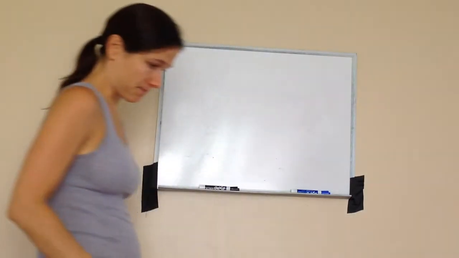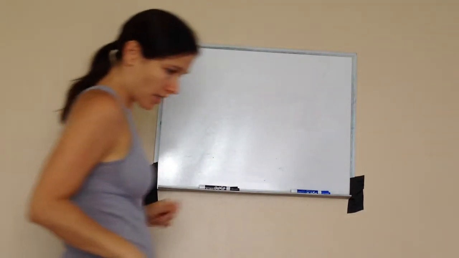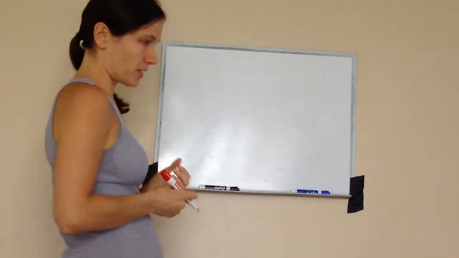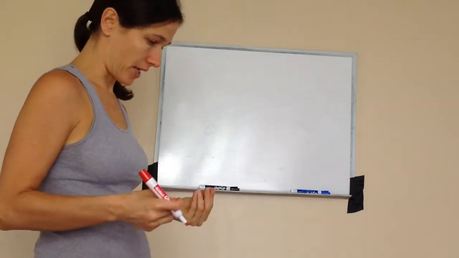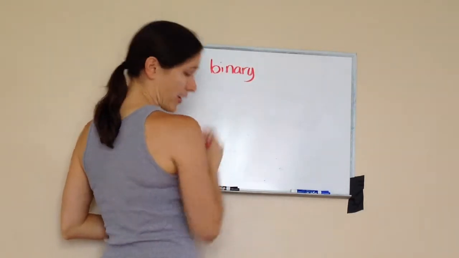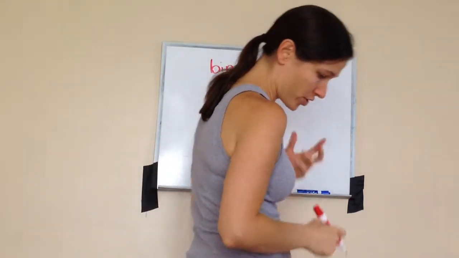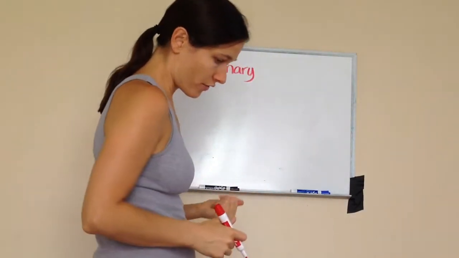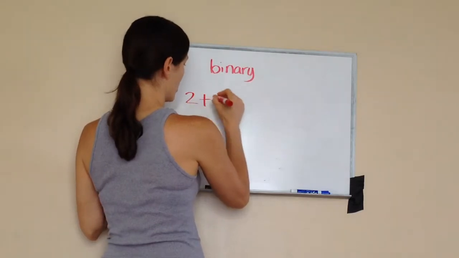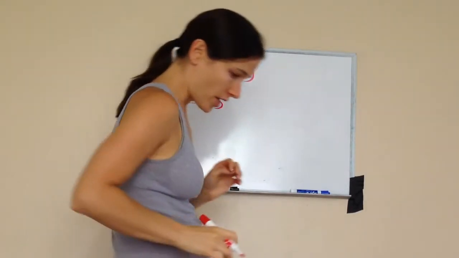Now, there are operations in math that are called binary. It's kind of like bicycle. That means there's 2. Binary means that we work with 2 numbers. So, for example, if we wish to add 2 plus 3, we're working with 2 numbers.